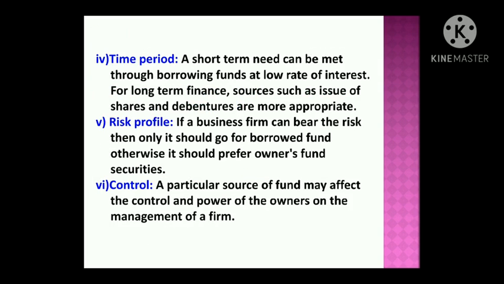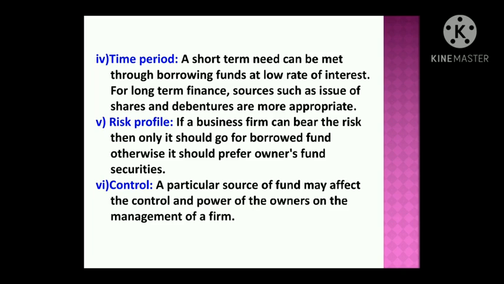A short-term need can be met through borrowing funds at a low rate of interest, for example, trade credit, commercial paper, etc. For long-term finance, sources such as issue of shares and debentures are more appropriate. And the next factor is risk profile. If a business firm can bear the risk, then only it should go for borrowed funds. Otherwise, it should prefer owner's fund securities.